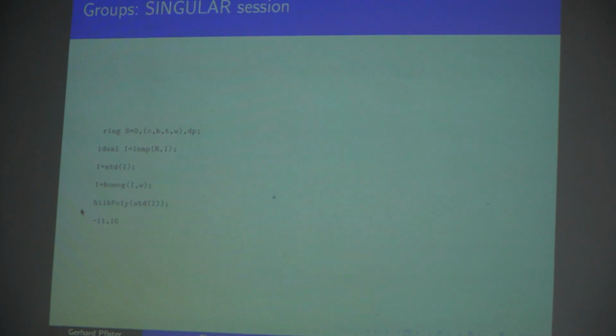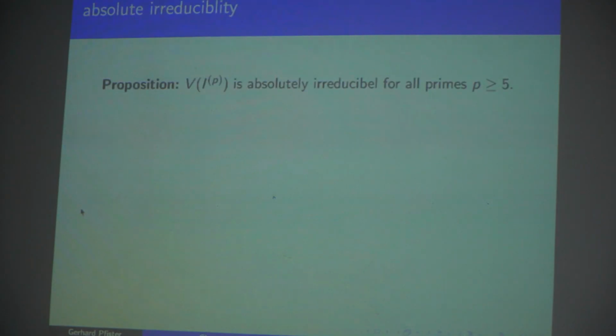That is exactly what has been on the slide before. That's just how to compute this. And now the rest of the game is to prove that our curve is absolutely irreducible for all primes.